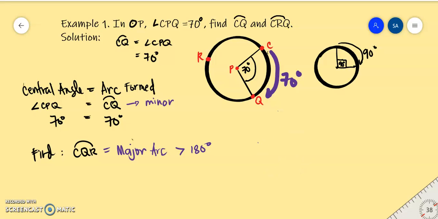Let me just color this one black. Draw tayo ulit ng isang circle.